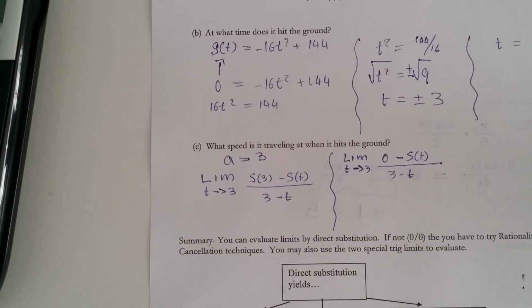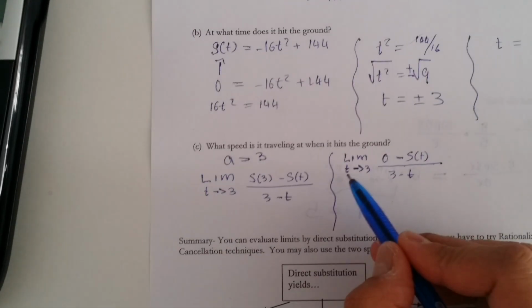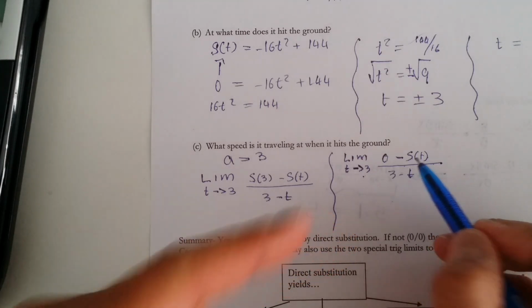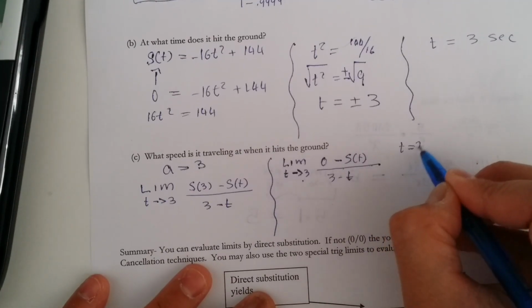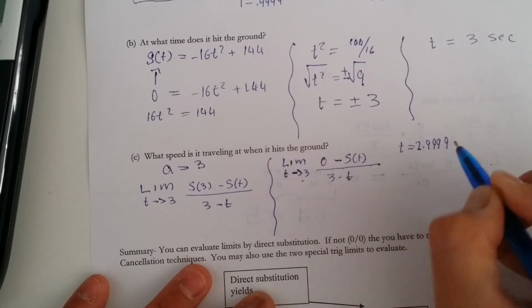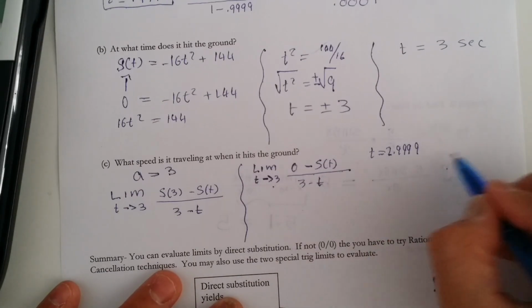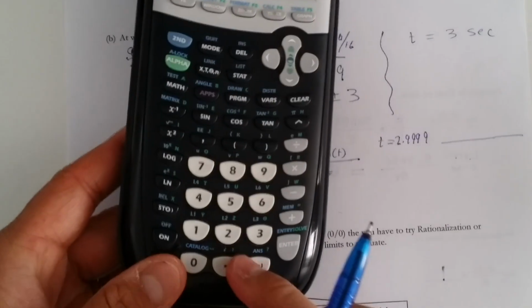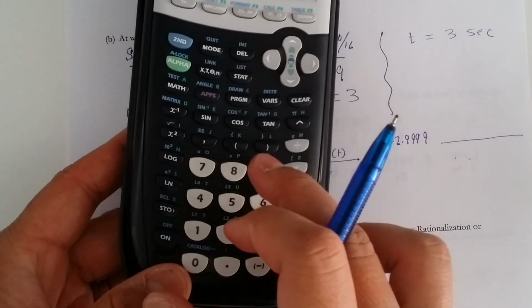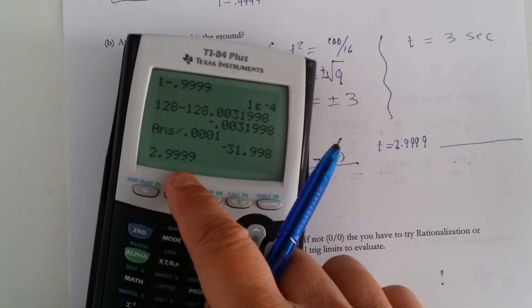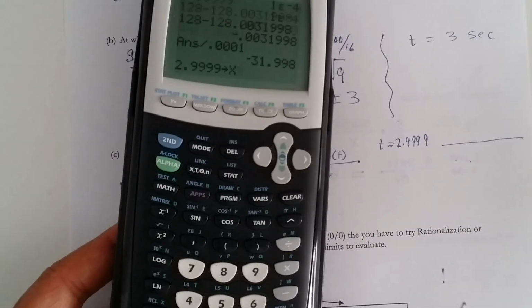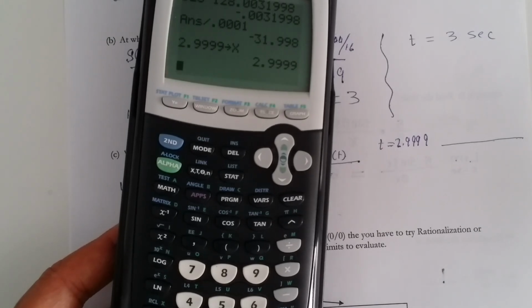So we go back to our method. We want t to approach 3, so let's choose 2.9999 for t and plug it in there. I'm going to do it with a calculator first. Type 2.9999 and store that into the calculator. Confirm by pushing enter.